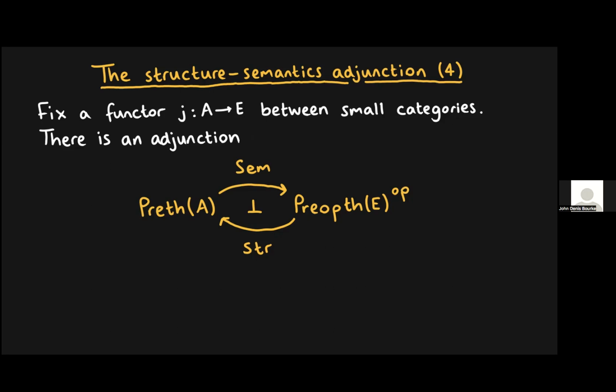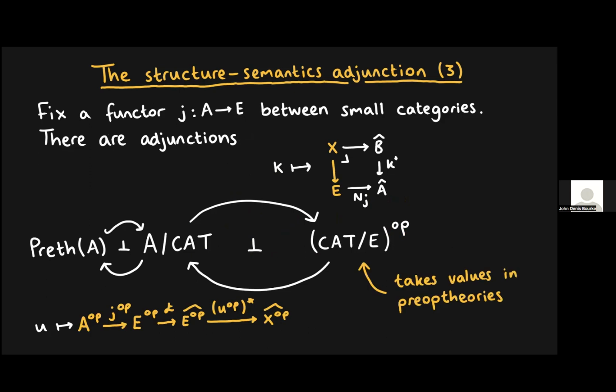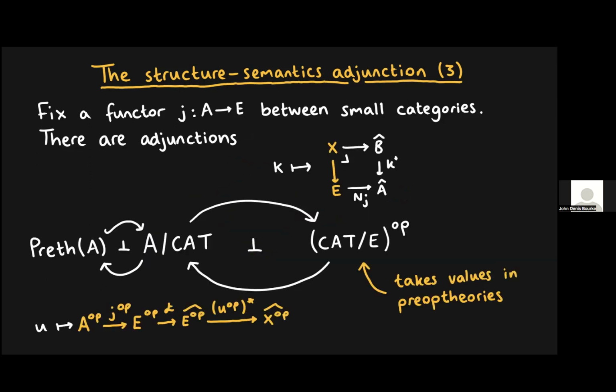We can call the left adjoint the semantics functor, the right adjoint the structure functor. And they're still given by these assignments. But now we can see that if we look at the right-hand side of the left adjoint, when K is a J theory, we know that this pullback defines the category of algebras.